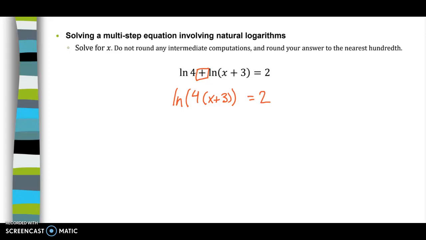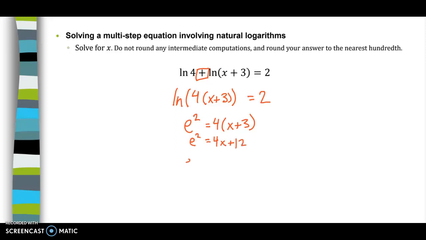Now my natural log is isolated and equals 2, so I can put it in exponential form. E squared equals 4 times x plus 3, or what's inside of the logarithm. Now I solve by distributing that 4, so this is 4x plus 12.